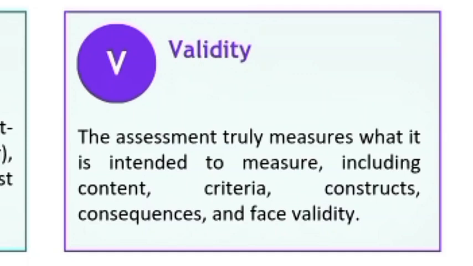A valid test must align with the taught material or content, correspond to the specific theory being assessed or construct, and be able to predict future ability, predictive, be fair to all participants, consequential, and possess a convincing outward appearance consistent with the claimed skills, or face.